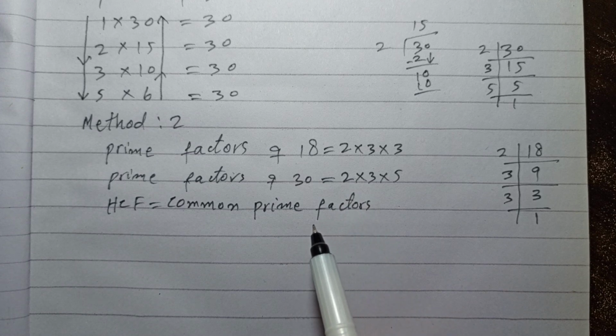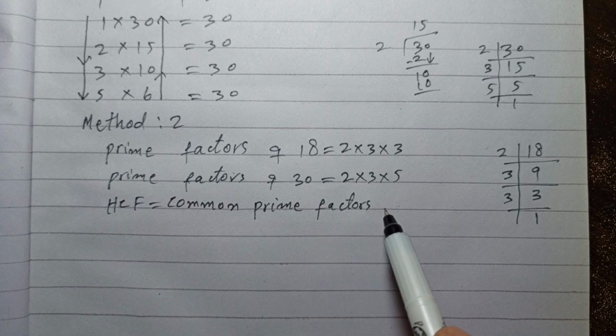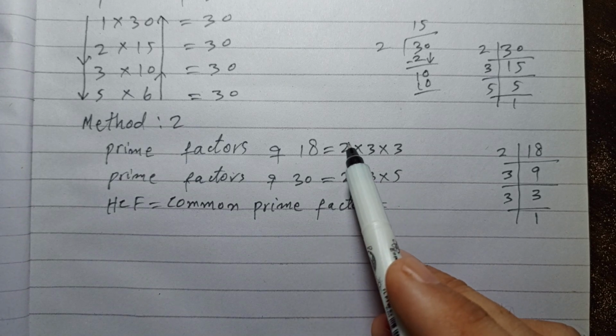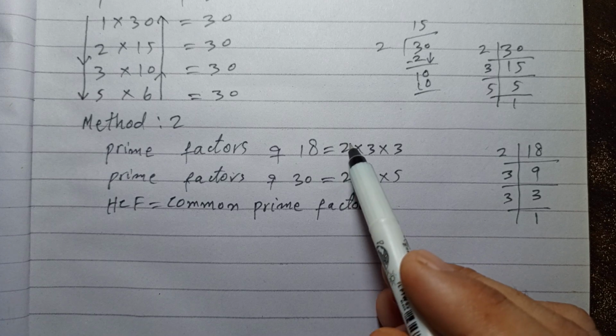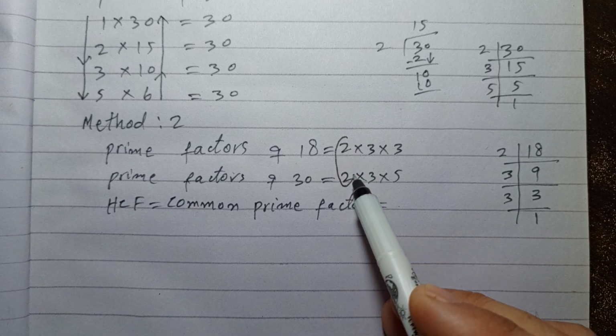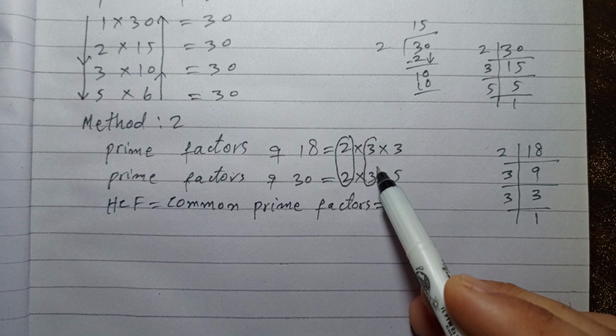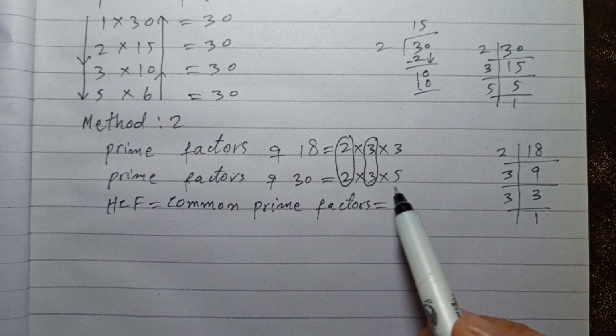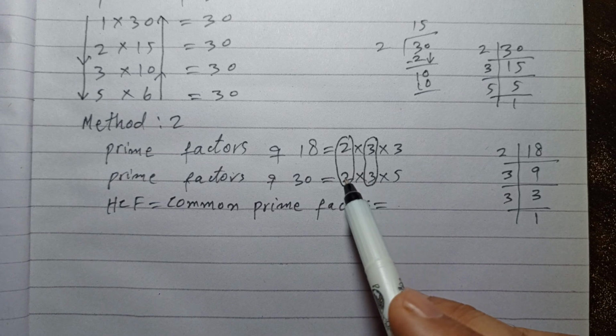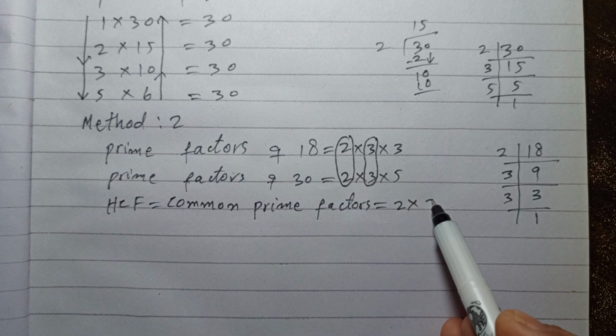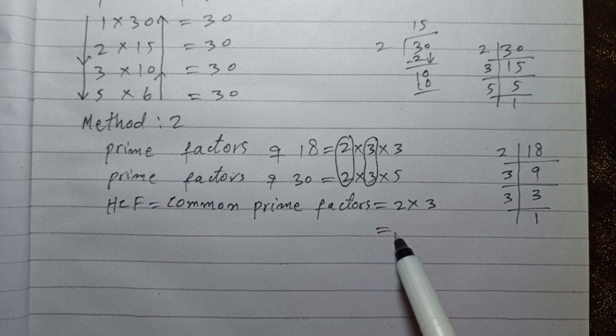When you have prime factors, then common prime factors make HCF. So here 2 and 2 are common in both, you can make a loop, and these 3s are also common, so you can also make their loop. So 2 multiplied by 3 is equal to 6.